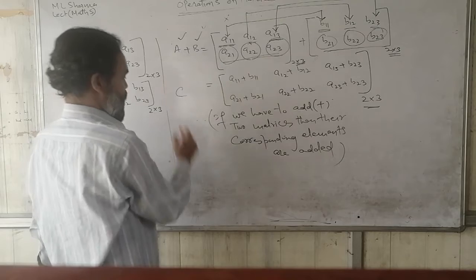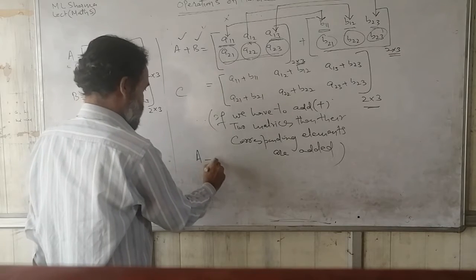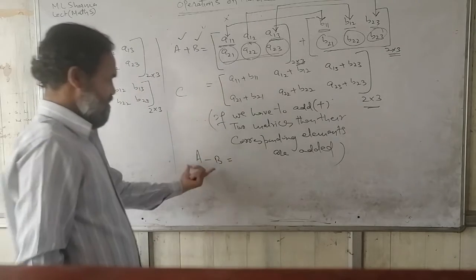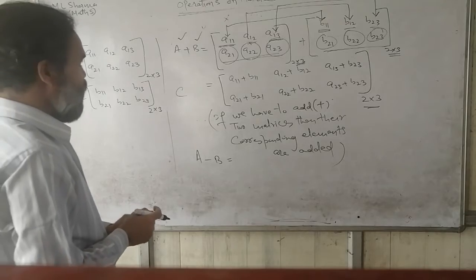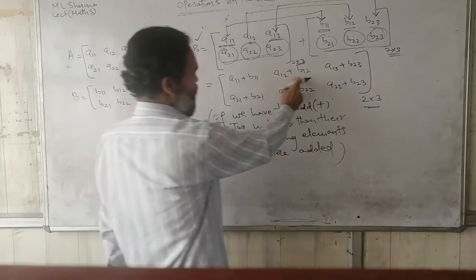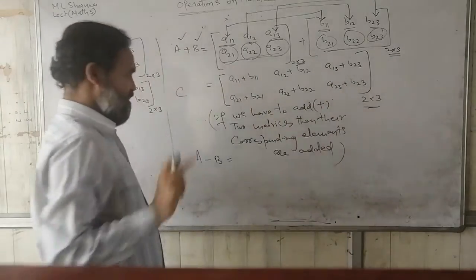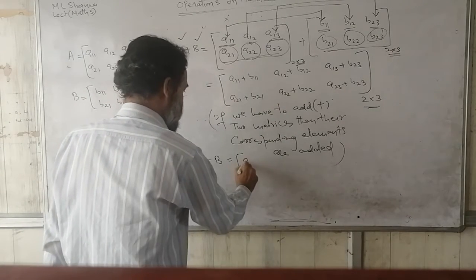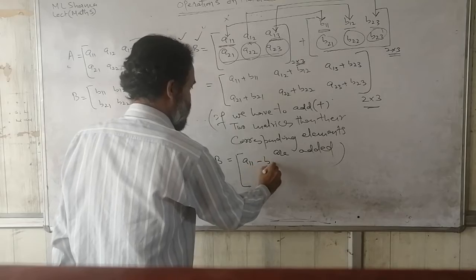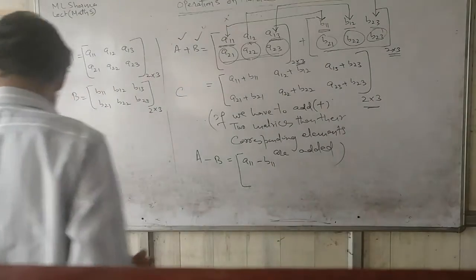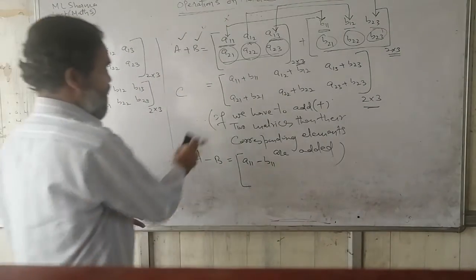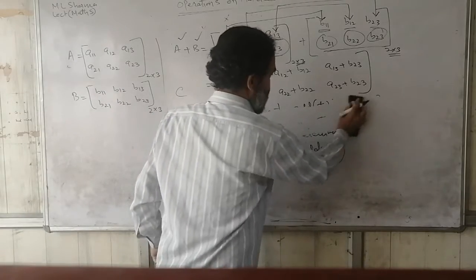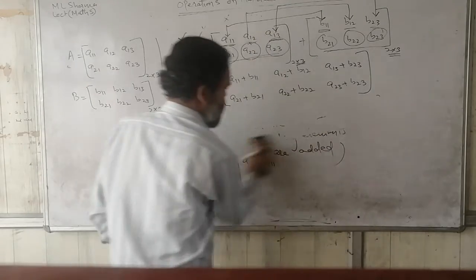Same is the case if I have to subtract the two matrices, that is A minus B. So instead of plus sign, I will insert minus sign here. So this will be equal to A11 minus B11. Simply, instead of plus sign, we have to introduce minus sign.